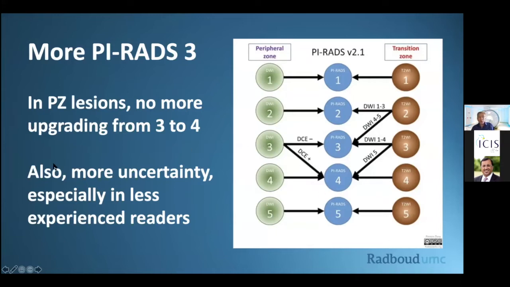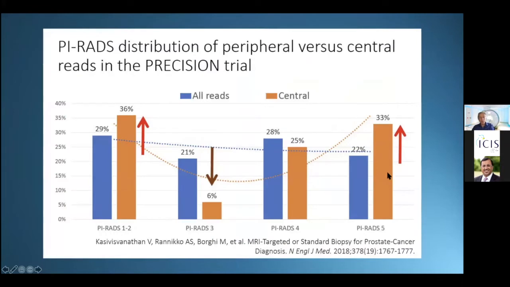You can also see in papers that there is less uncertainty in experienced radiologists. Now, this paper appeared in the New England Journal. This is the PRECISION trial. And you can see all reads, so that is academic expert centers and the peripheral non-academic centers.